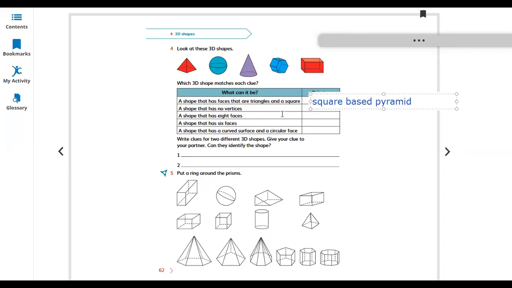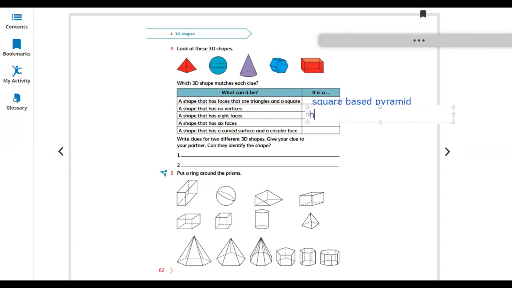A shape that has no vertex. It's a circle, a sphere. A shape that has eight faces. It's this one, hexagonal prism.